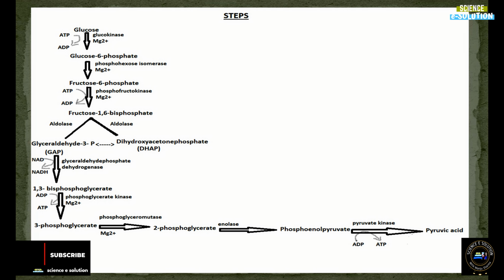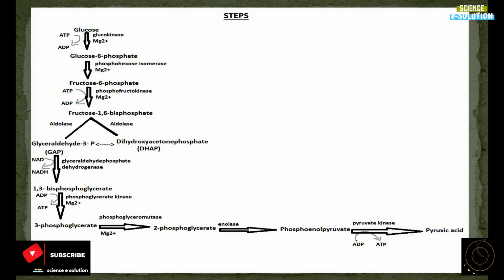In the next step, 1,3-bisphosphoglycerate converts into 3-phosphoglycerate and 2 molecules of ATP are formed. Because this reaction takes place 2 times, every molecule formed or consumed, we will multiply by 2. I am repeatedly telling this, so please don't forget to calculate this as 2 molecules while you do the reactions of glycolysis.